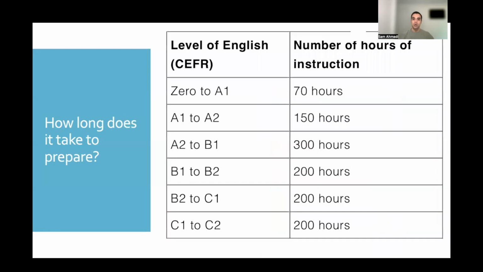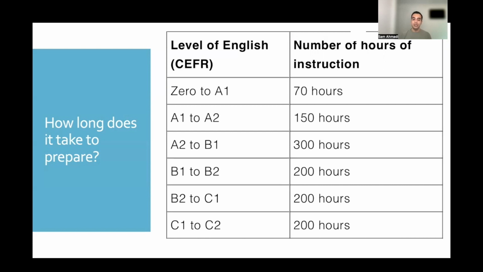Okay, so now that I've figured out what my level of proficiency is, how long does it take for me to get to a higher level of proficiency? So let's take an example. Let's say you are required to achieve a score of CLB 9. And for that, you need to be at least at the C1 level.